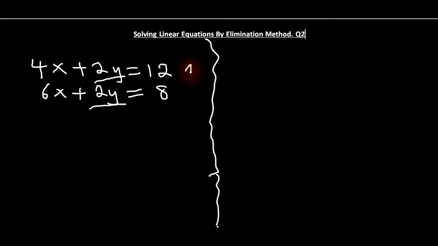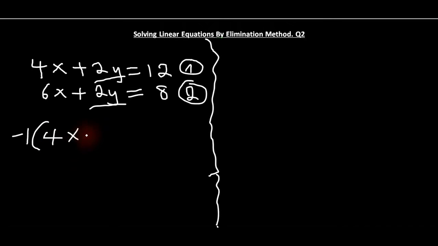So let's call this equation 1 and let's call this equation 2. I would choose equation 1 and multiply it by minus 1. So minus 1 into 4x plus 2y is equal to 12.